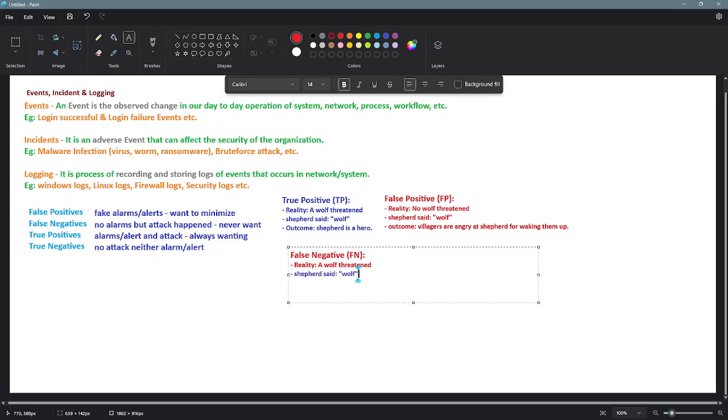The shepherd boy never said wolf. Outcome: the wolf ate all the sheep.